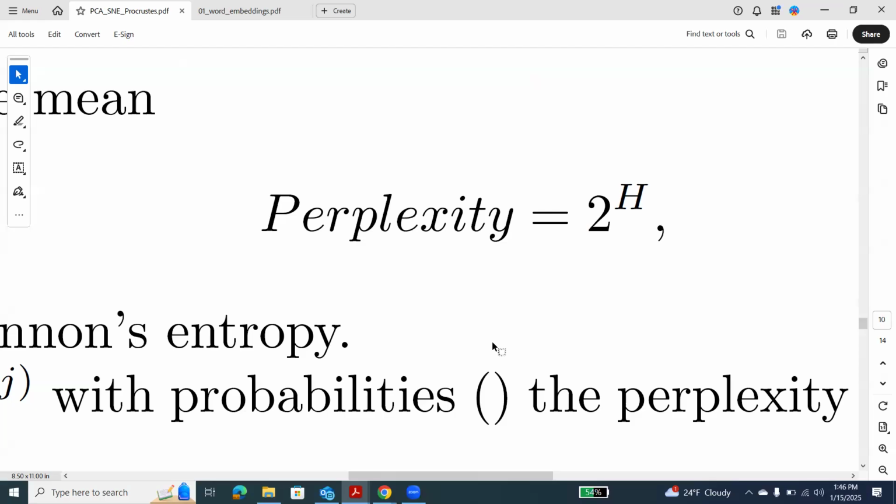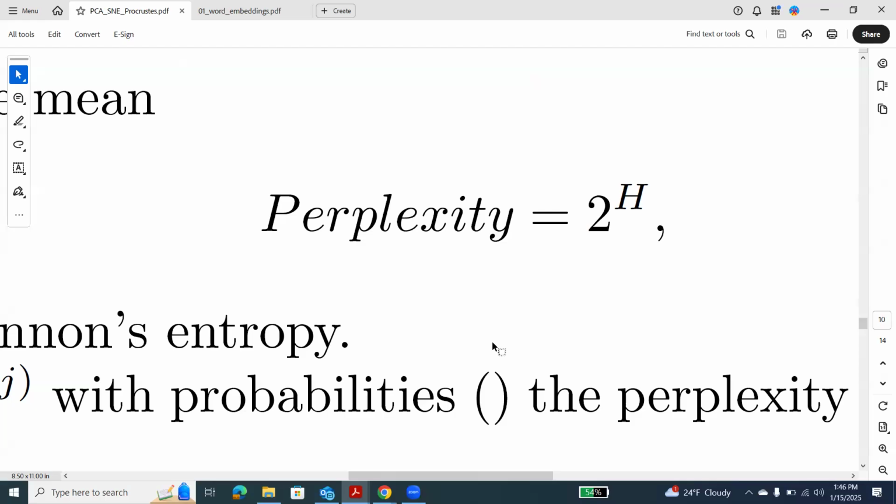And when we take 2 to the power of entropy, what will we get? The perplexity of a fair die is equal to the number of faces.